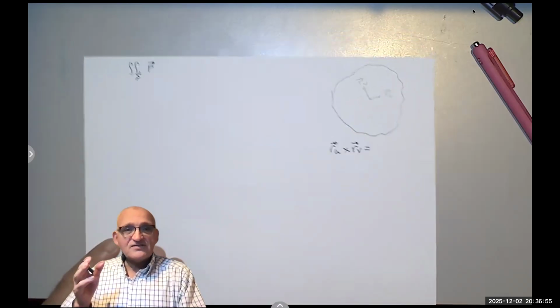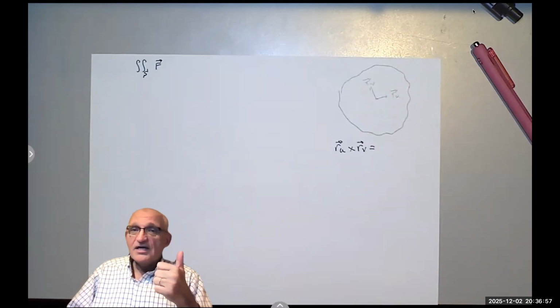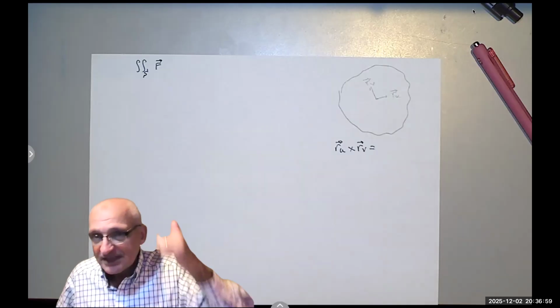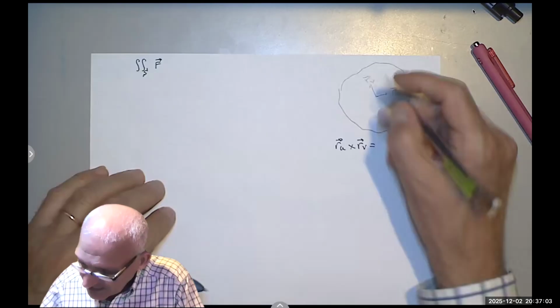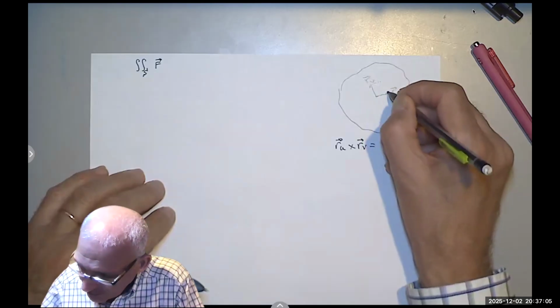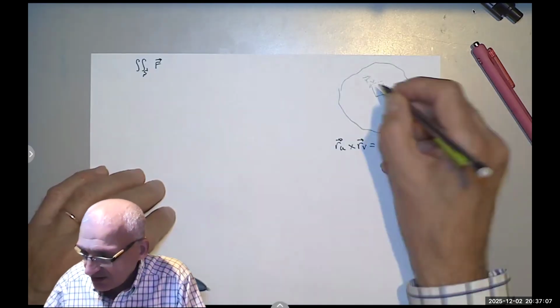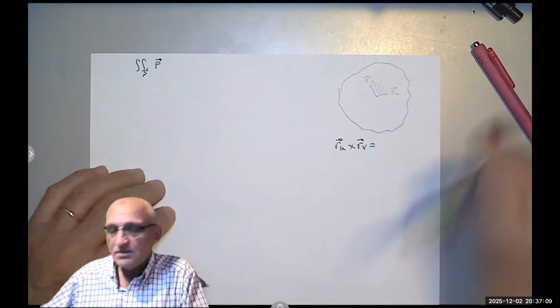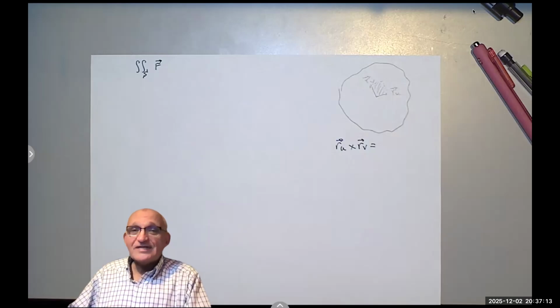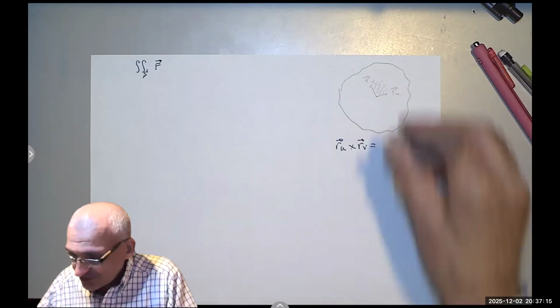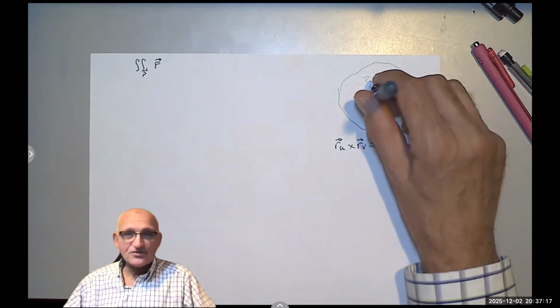What do I know about this vector? I know, first of all, that its magnitude, that we calculated last time, is the area of the parallelogram in which R sub u and R sub v are two sides. But the direction is perpendicular to the surface.